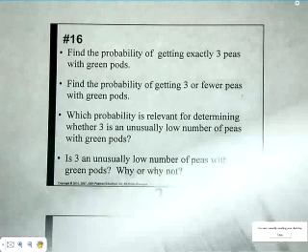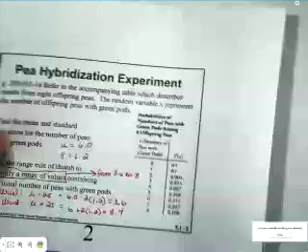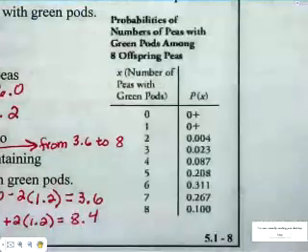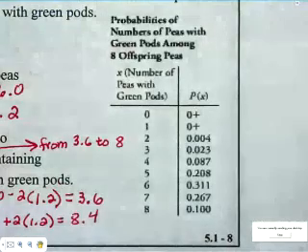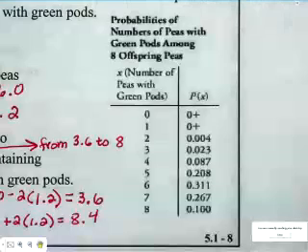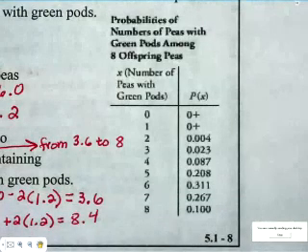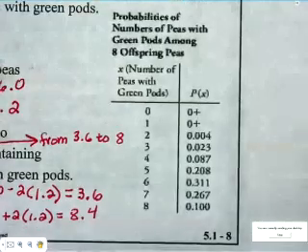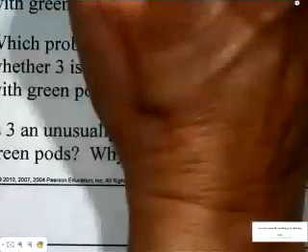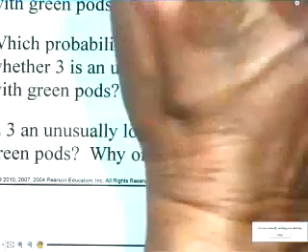All right, exactly 3 peas with green pods. What's that probability? You just read that straight off the table. If you want the probability of exactly 3, it's 0.023.